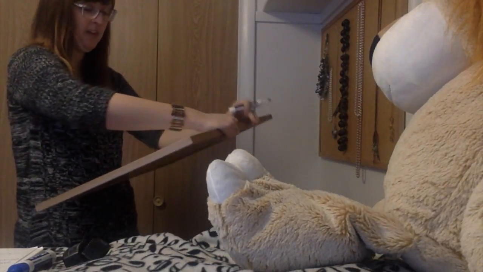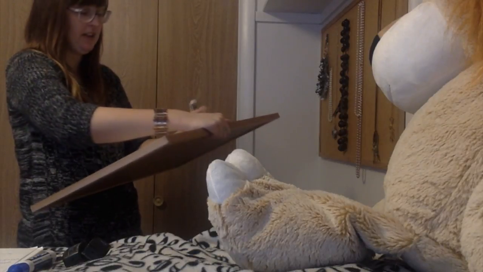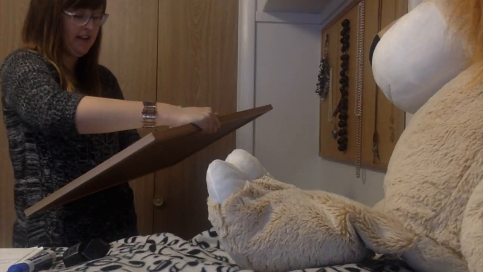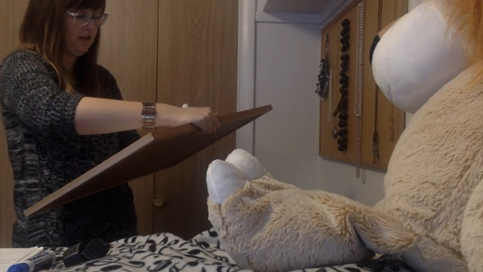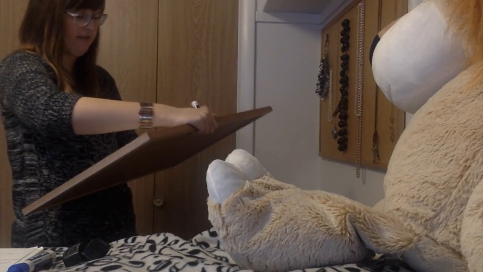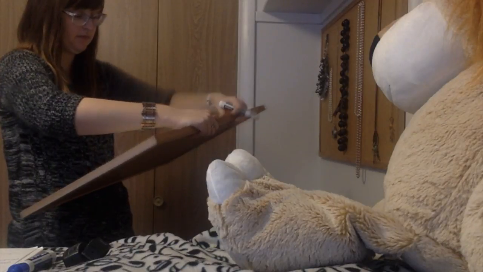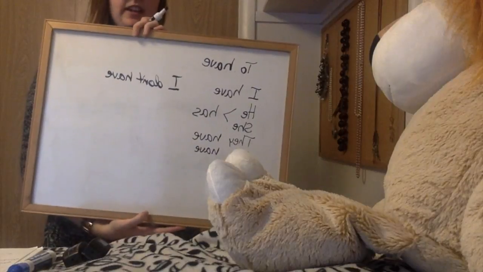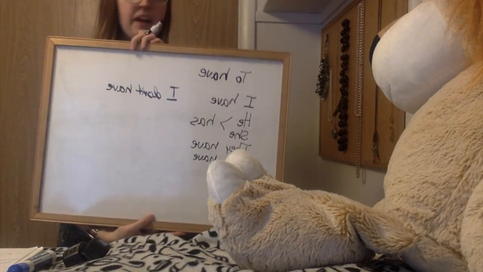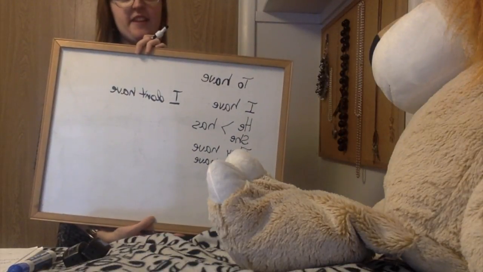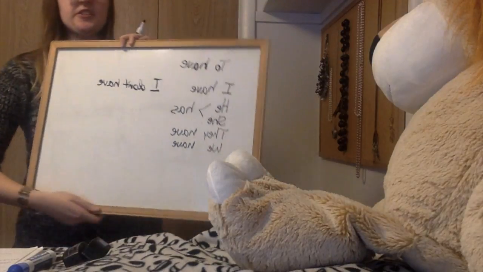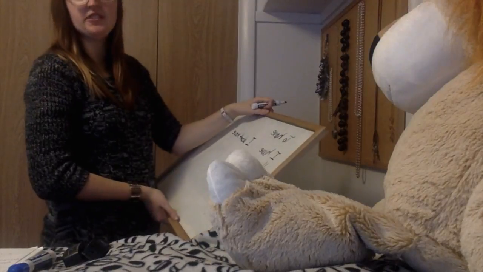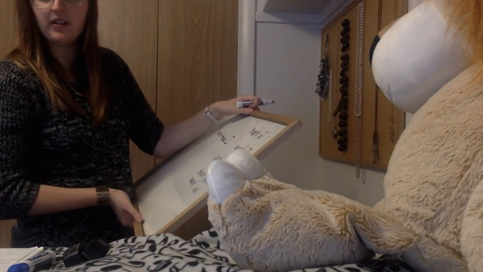On that example I gave you of I have, the negative form of this would be I don't have. See? So it's the same English, but you're changing the sentence to negative, still using that verb "have."